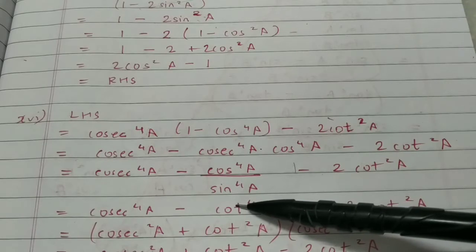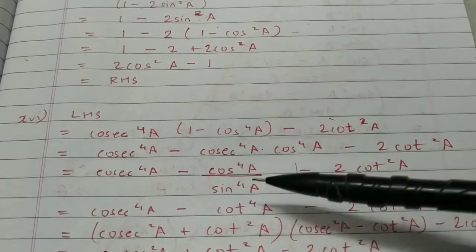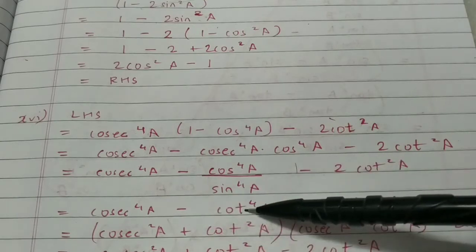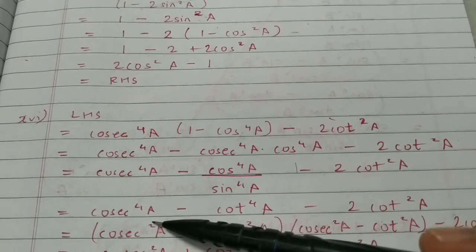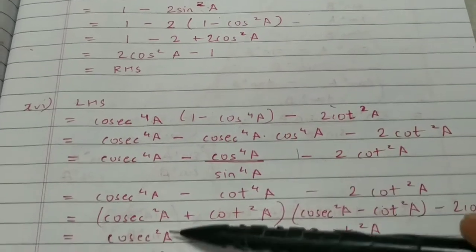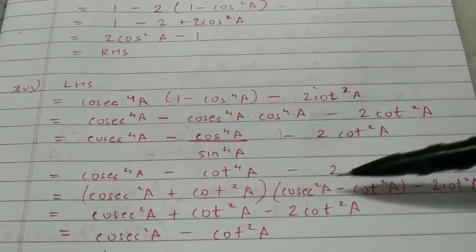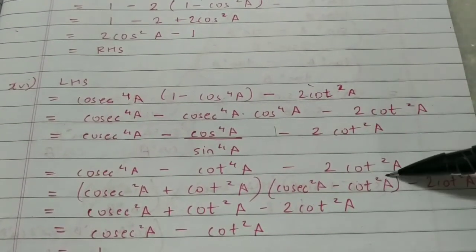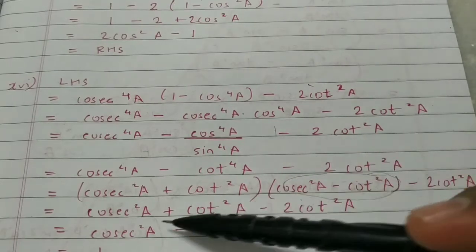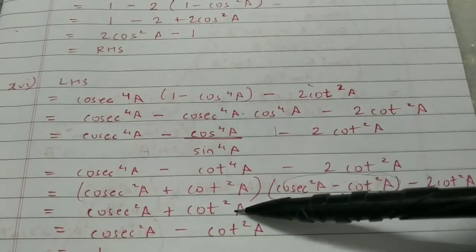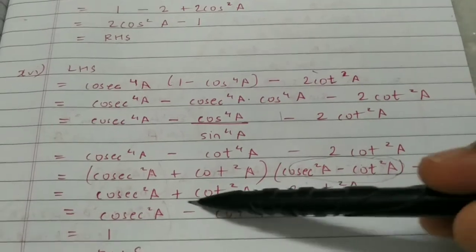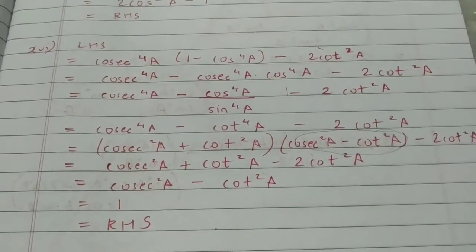And that would be better if we only have cosec and cot, because we do have a formula or an identity with cosec and cot. So this becomes a square minus b square format. We will write it as a square, a plus b, a minus b, out of which this bracket will disappear because that's 1. So we are left with something simpler. And then cot square a minus 2 cot square a is minus cot square a. This is also 1. So that's the RHS.